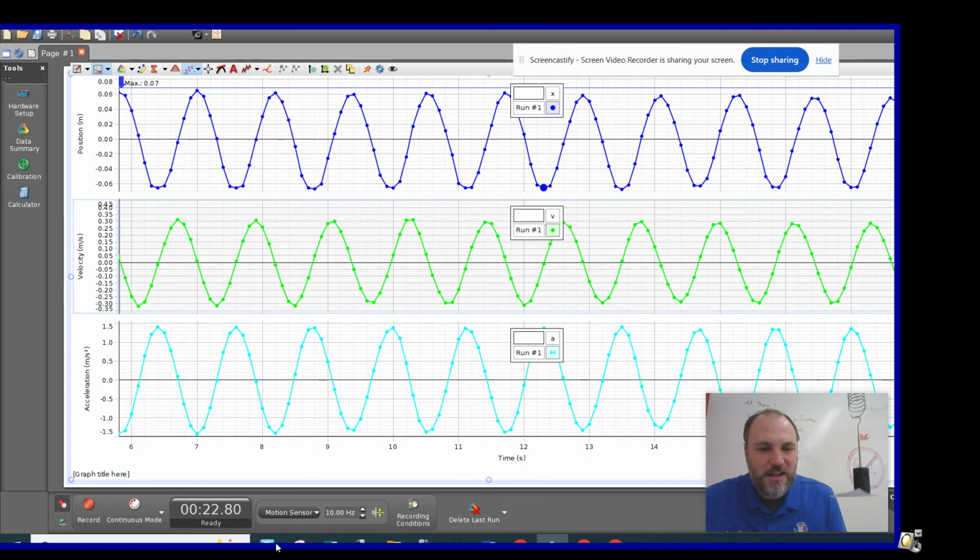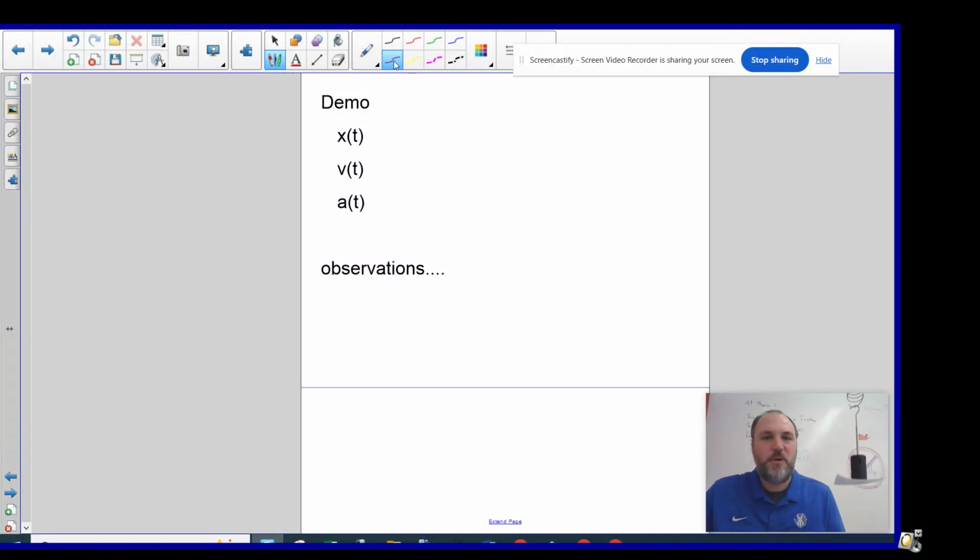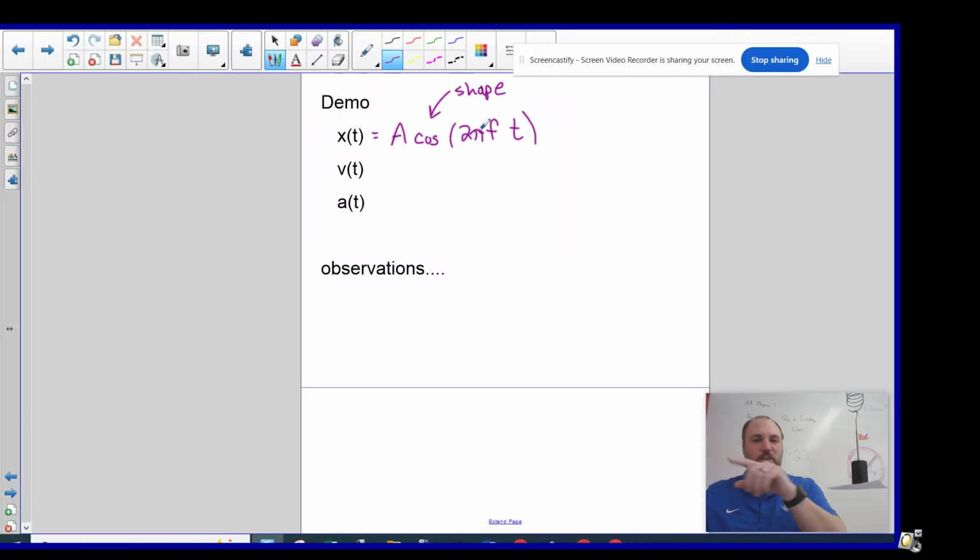I said that the position function was a cosine. So what I'm going to do is say amplitude, so however far I pulled it back, times the cosine. And from my equation sheet, I'm seeing that they write that as 2 pi times the frequency times t. So basically, the shape of that graph is a cosine. Okay, so it starts at a positive amplitude and it oscillates back and forth. And then we saw that the velocity was a negative sine wave.